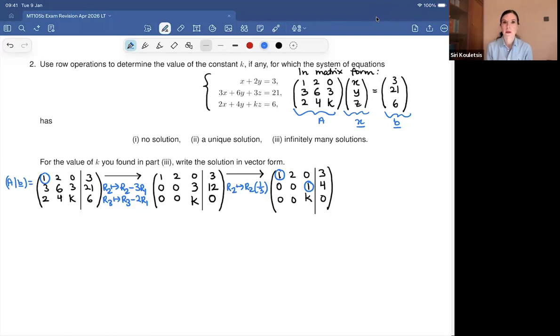And now we want to create a 0 below that second leading 1. And so if row 3 goes to row 3 minus k times row 2, then that will achieve our aim. Rows 1 and 2 don't change here.